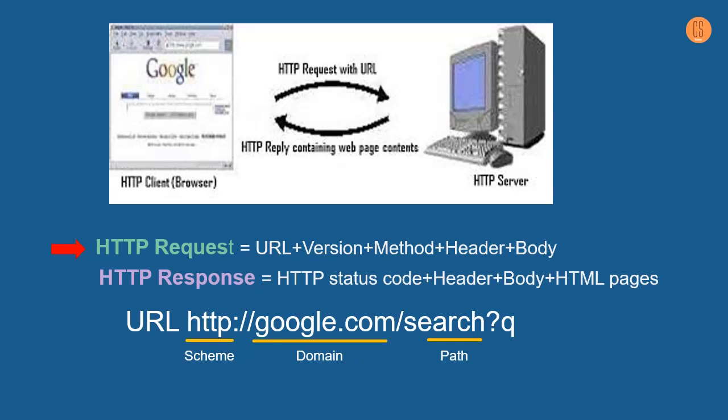An HTTP request consists of the URL, HTTP version 1, 2 or 3, method GET or POST, and basic header and body. Then the web server sends back the HTML pages to the browser, and the web pages get displayed. Alongside the HTML pages, the server also sends an HTTP status code and basic header and body information. HTTP status codes are very helpful in troubleshooting web communications.